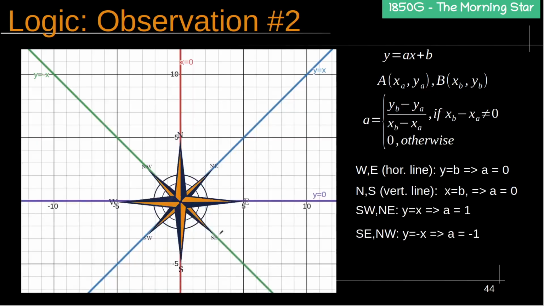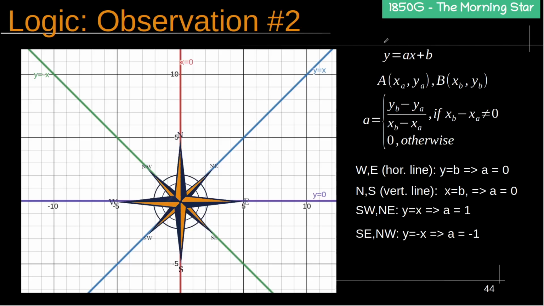The other observation is about the lines of each direction. It's an affine function. We can write it like this: y is equal to a times x plus b. y and x are the coordinates of the points, and a and b are constants.